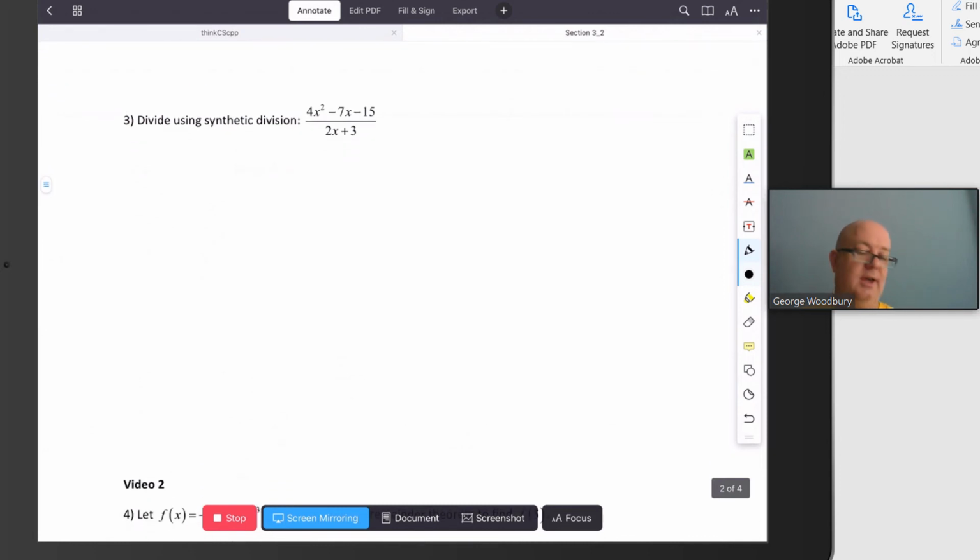One last one, and the problem here is that I need the coefficient for x in the denominator to be 1, and it's a 2. So what we can do is factor that 2 out. So this is 4x squared minus 7x minus 15 over 2 times x plus 3 halves.